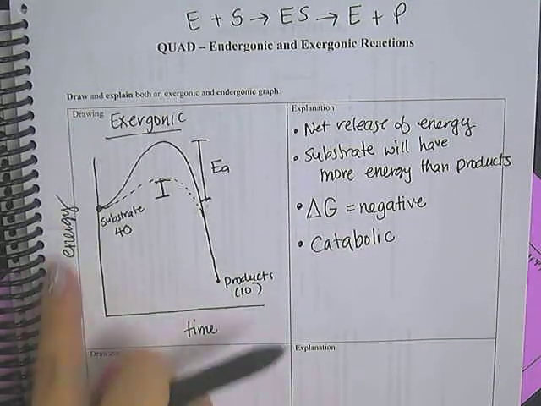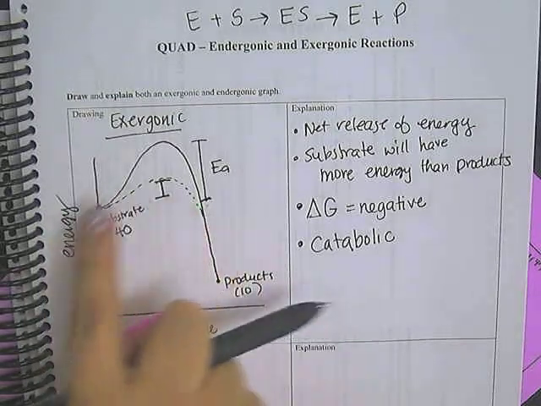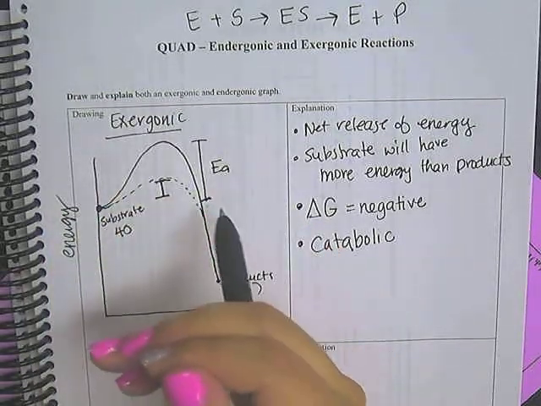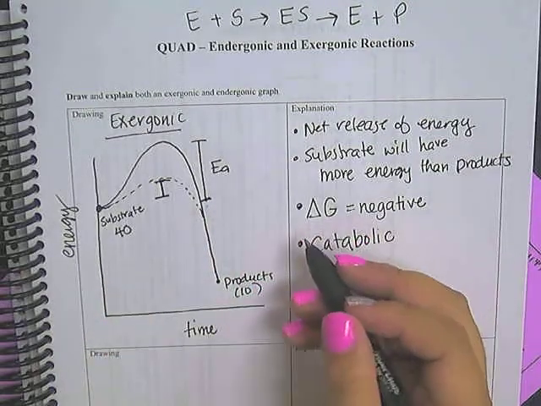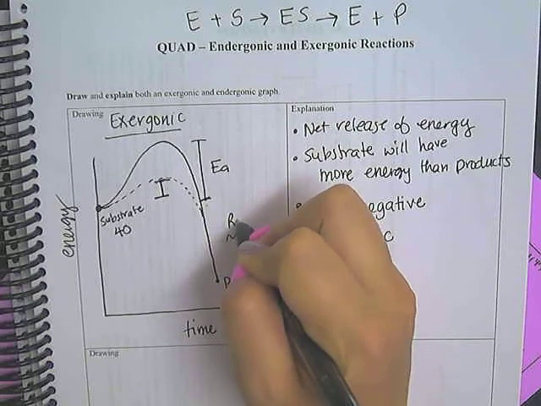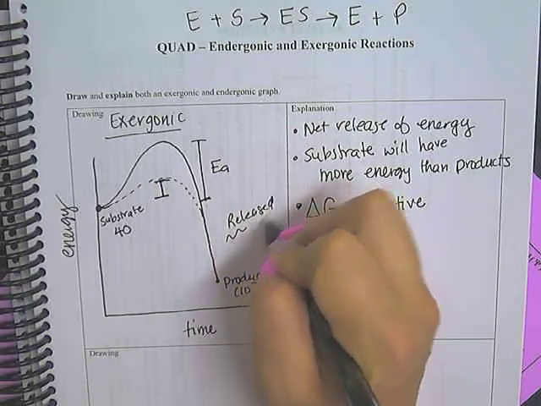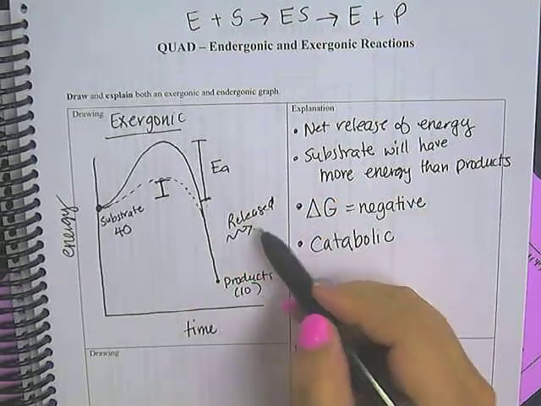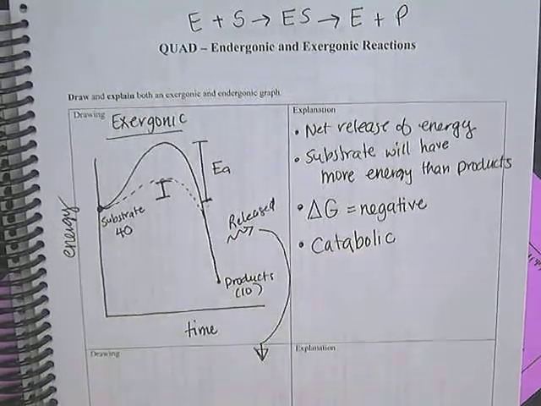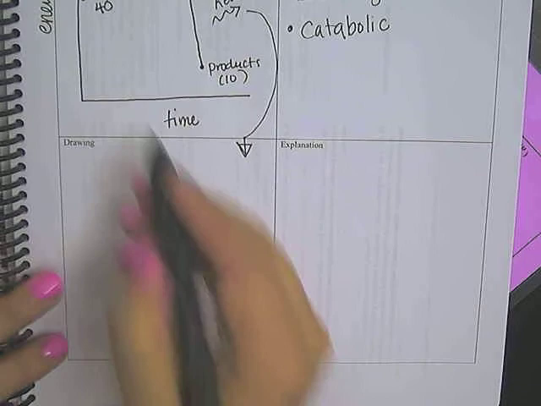Now, not all of this energy, that change of 30 units of energy, is going to be available. Some of it will be. There is going to be some that's lost as heat, but the energy that is released here is now going to be used to drive our endergonic reactions. And that's what we're going to do down here at the bottom.